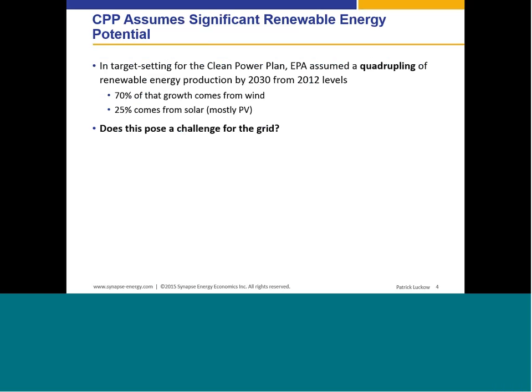Most of that came from wind, about 70%, and a big chunk of it came from solar as well. These numbers aren't final by any means. This is just the targets. There's a lot of flexibility in the Clean Power Plan, but all signs point to a significant expansion of renewable energy in the next 5, 10, 15 years.